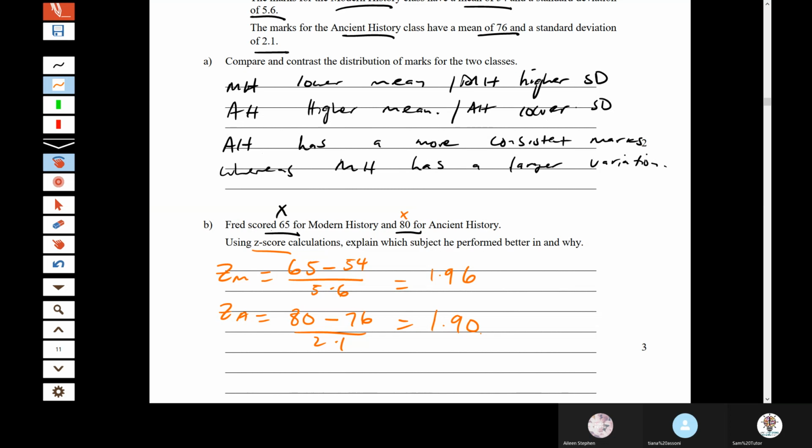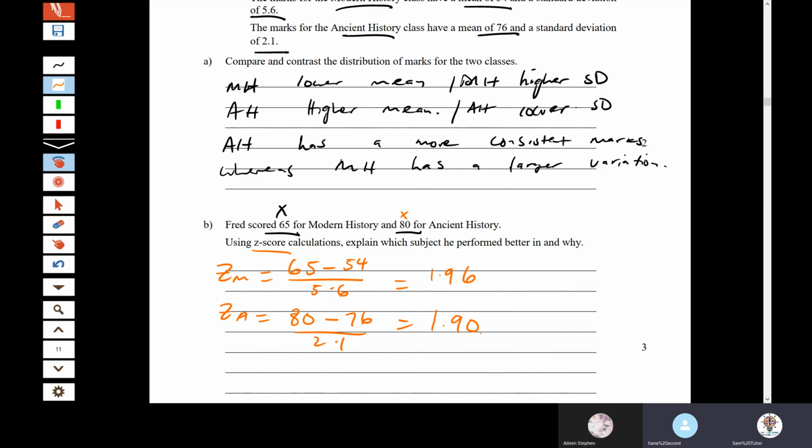For Fred, does Fred want a high Z-score? Okay, hold on. So Fred got 1.96. Actually, yeah, I can tell you the answer. You weren't wrong the first time. Fred wants to be further away from the average, doesn't he? Doesn't that mean he's higher ranked if he's higher? Yeah, higher. So he actually did better in modern than he did in ancient.